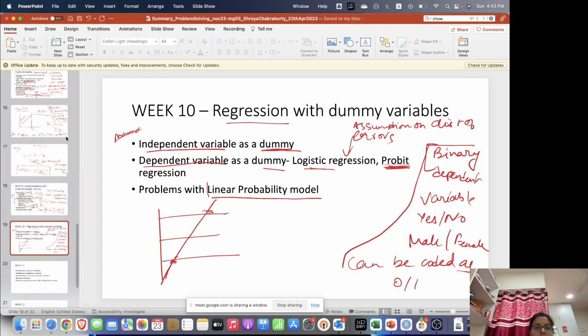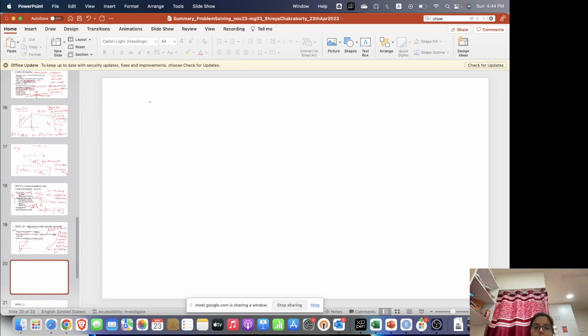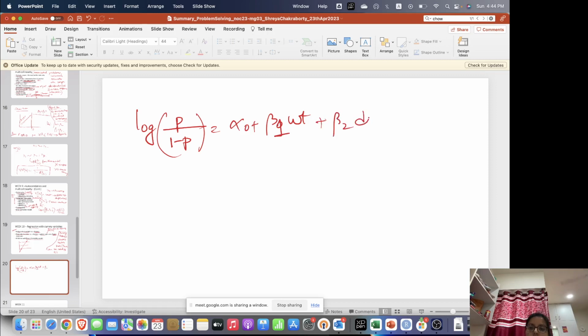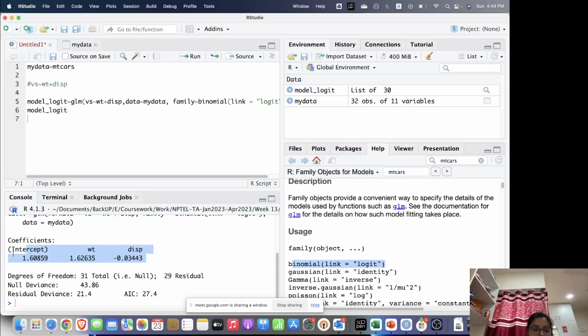So here I have, okay, log of p by 1 minus p equal to alpha naught plus beta 1 weight plus beta 2 displacement, where p equal to the probability that vs equal to 1. This was my entire model. So alpha naught hat I have obtained from this thing.